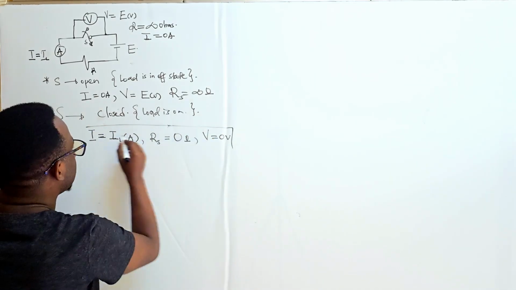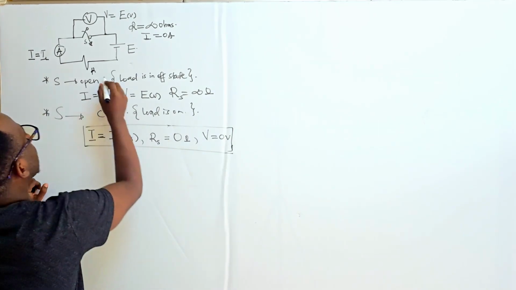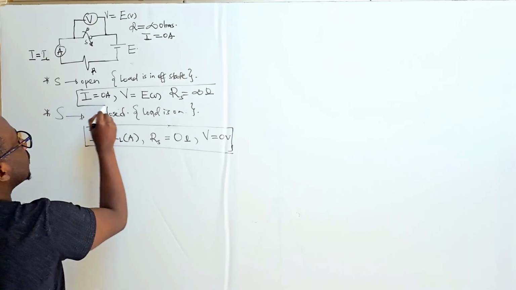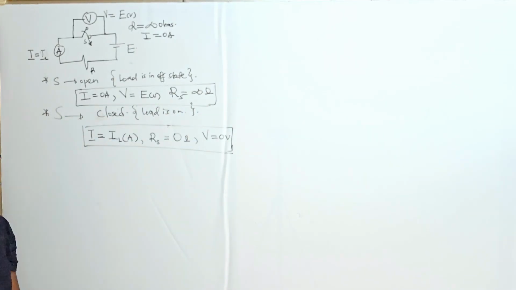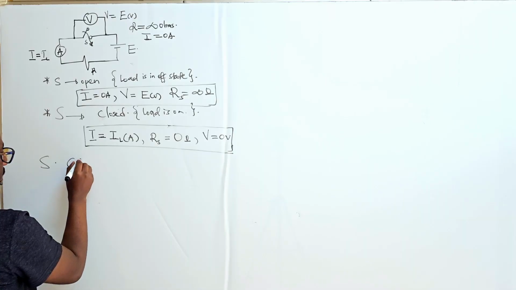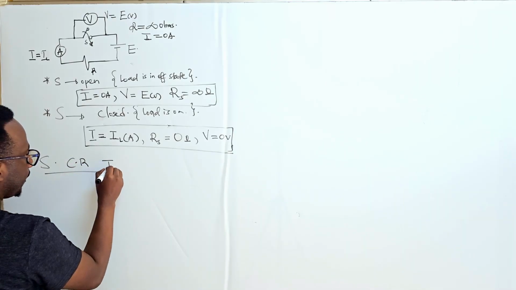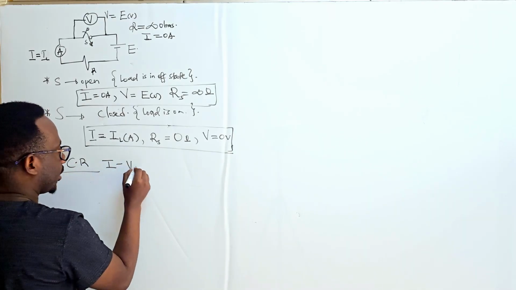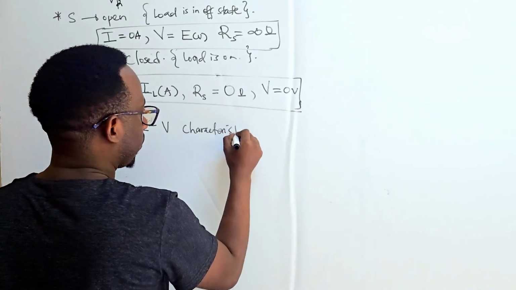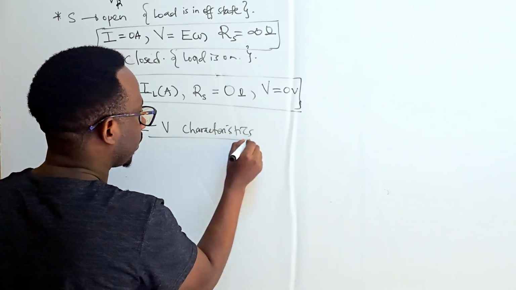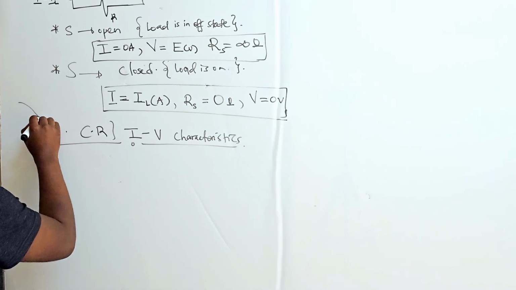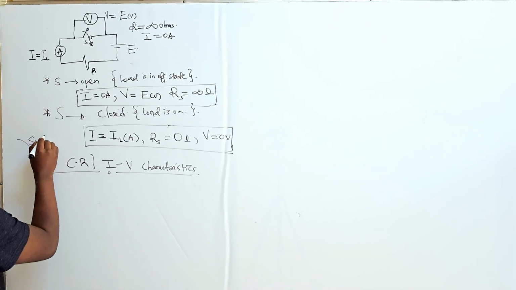So these are the important things to remember when we are to look at IV characteristics, the static characteristics, of any kind of switch. In this case, we have the SCR IV characteristics. So the SCR in this case is the switch.